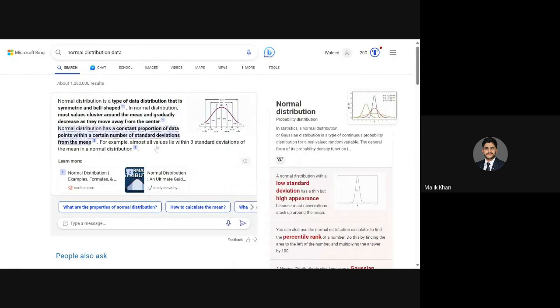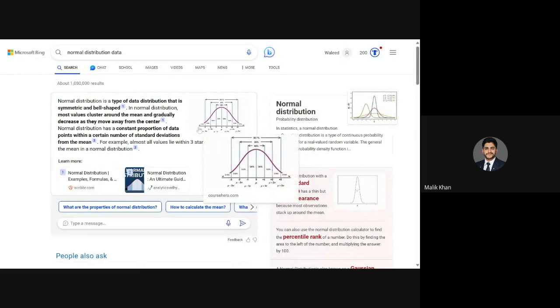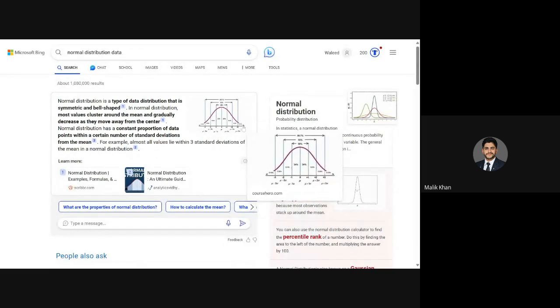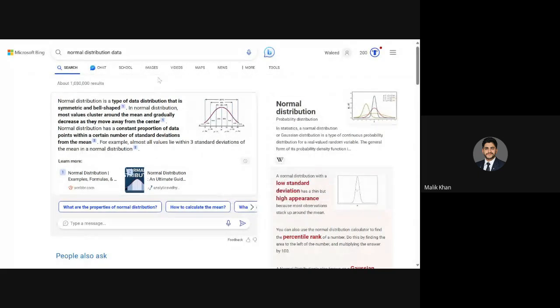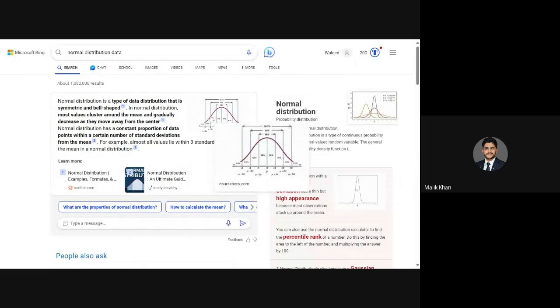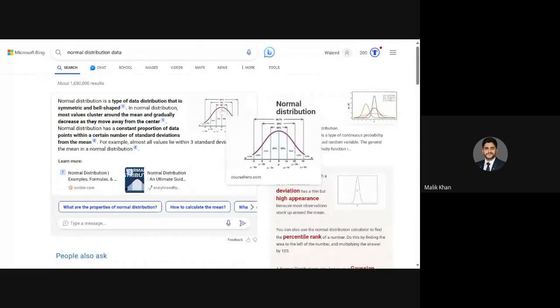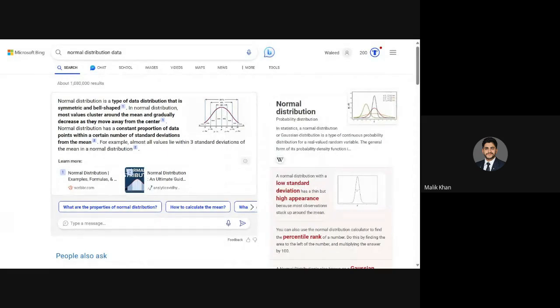So for normal data, let's say it starts with 0 and it ends with 100. Where will the mean lie? Will the mean lie over here on the left, or on the right, or somewhere here at the center, right?